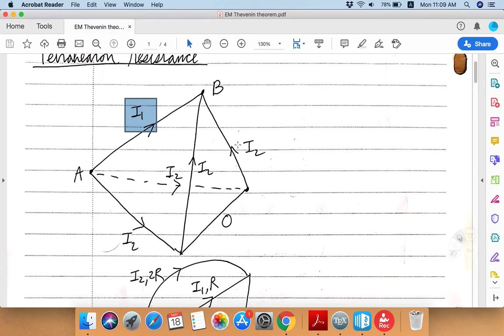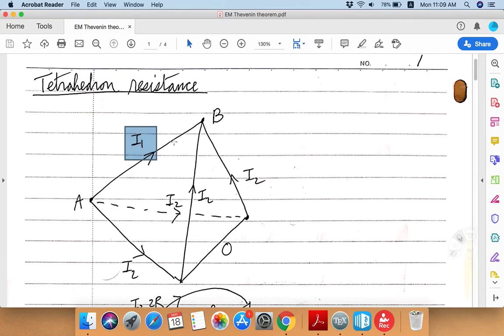In other words, what is the exact amount of current that flows from A to B under a voltage value of, let's say, V applied between point A and B.